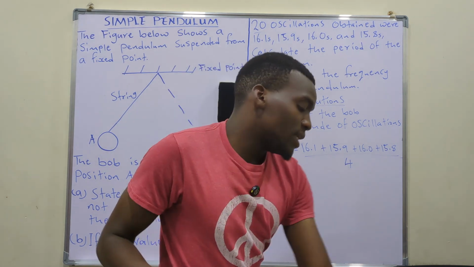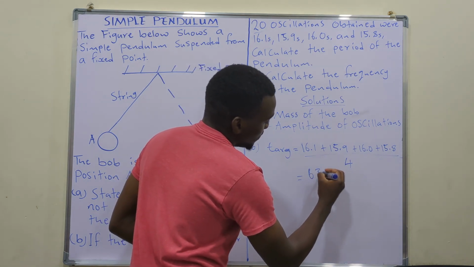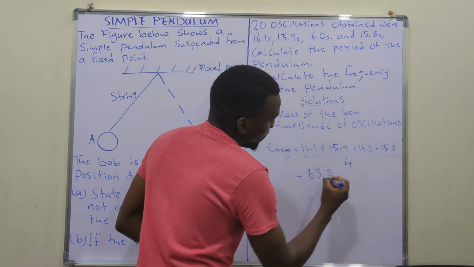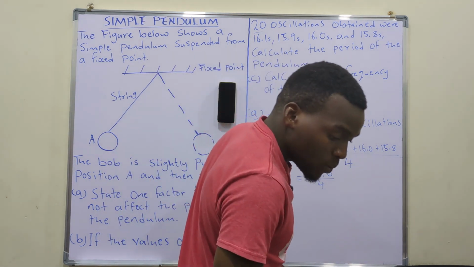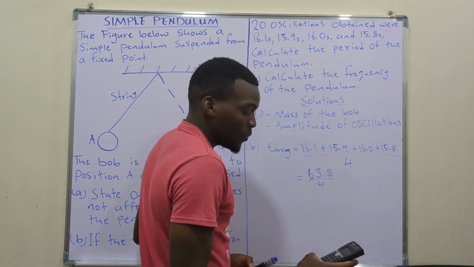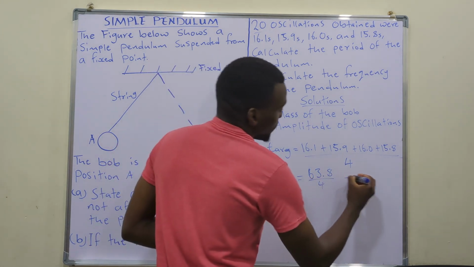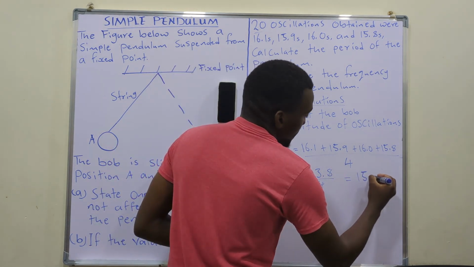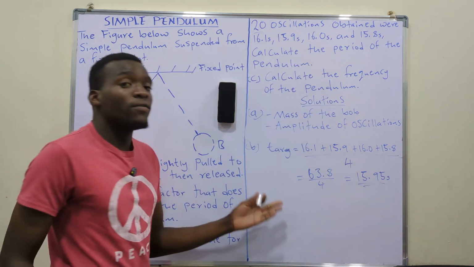So we have the sum given by 63.8, and then divide this by 4. So let's divide 63.8 by 4. Now we have the average time given by 15.95 seconds. So now we have found the average time.